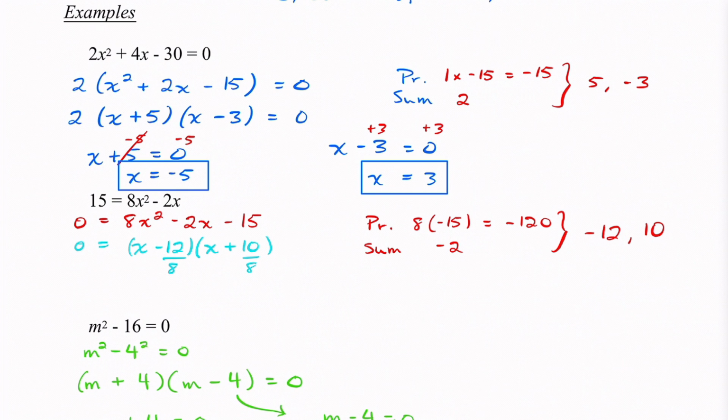Now what we have are two fractions, and we want to simplify them. 12 over 8, I can divide both of those by 4, so I get 3 over 2. And with 10 over 8, I can divide each by 2, so I get 5 over 4.